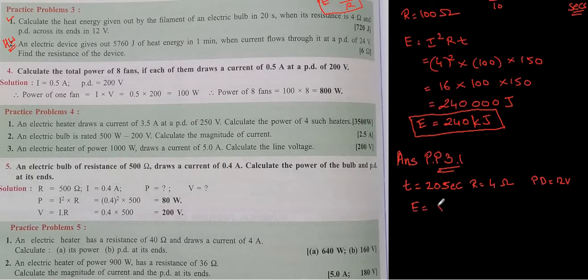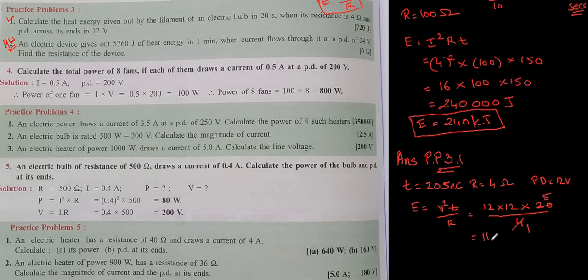E is equal to V square T upon R. So that is 12 square, 12 multiplied by 12, multiplied by 20 upon 4, because 4 ohm is the resistance. If you do the calculation here, 4 ones are 4, 4 fives are 20.